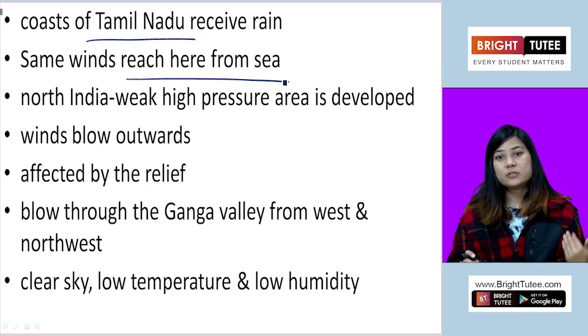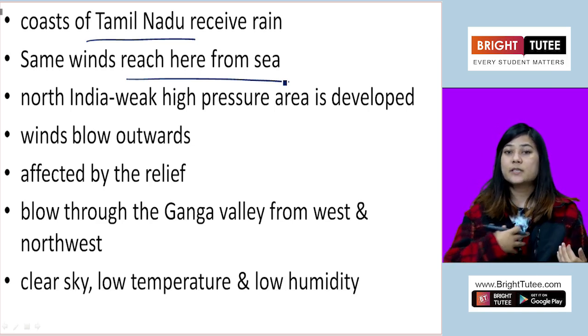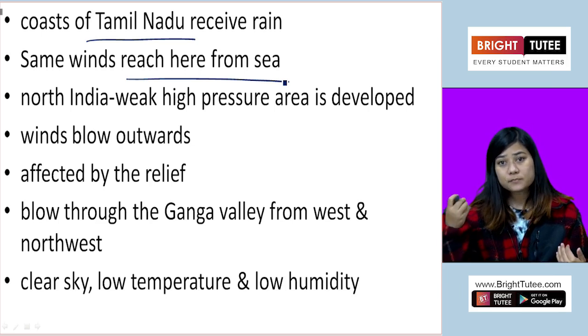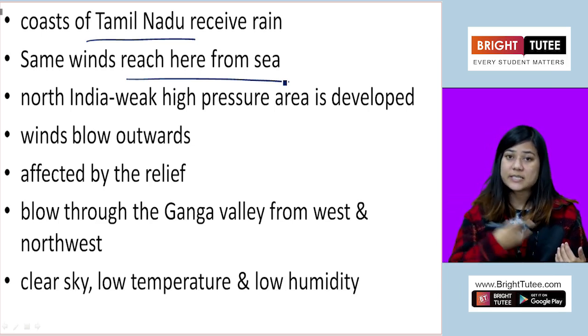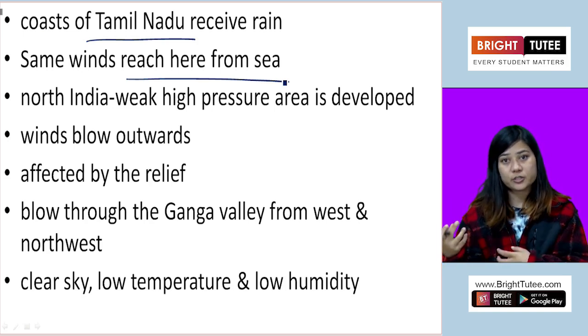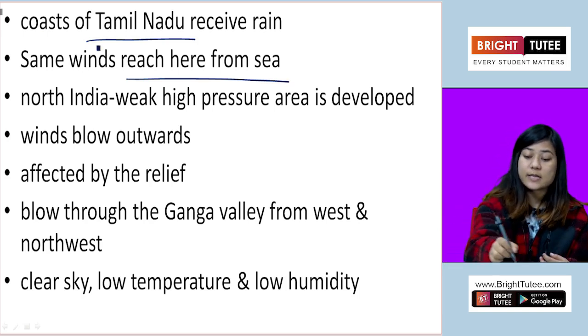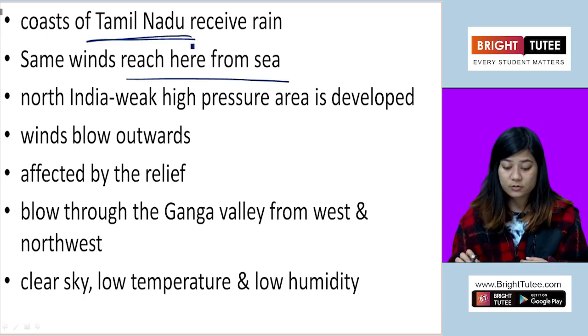When it goes back to the sea, it causes dry season. Again from there it comes back to the mainland, from sea back to the land, and then it brings moisture, it brings rain, and then it causes rain in the state of Tamil Nadu, okay.